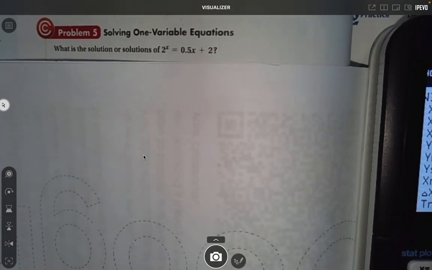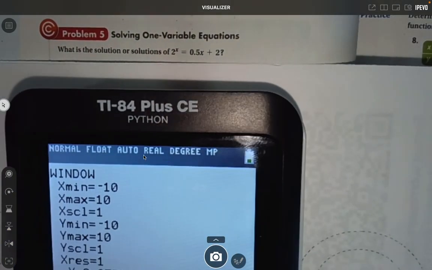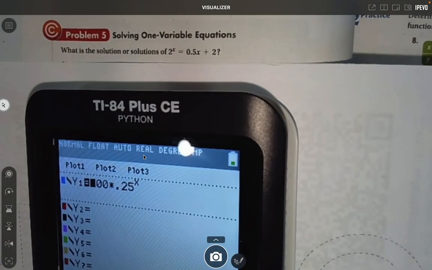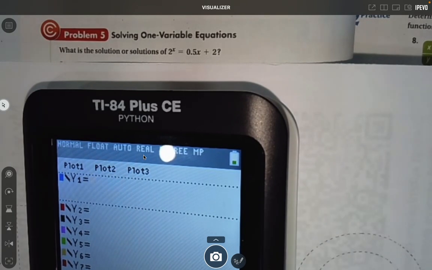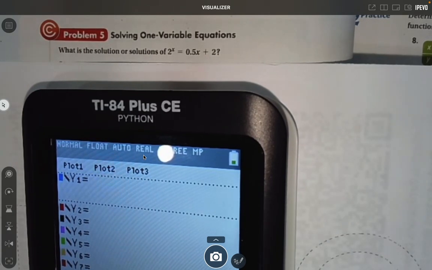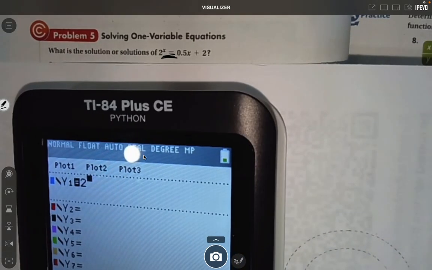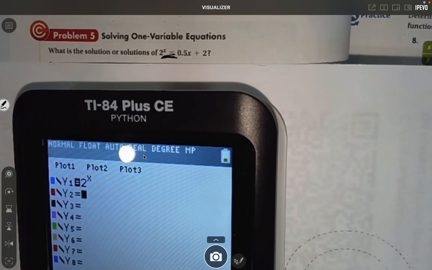If you have a calculator, I want you to press Y equals. Okay? And in the first Y equals, I want us to type in 2 to the x. That's just a function where you're doubling something.